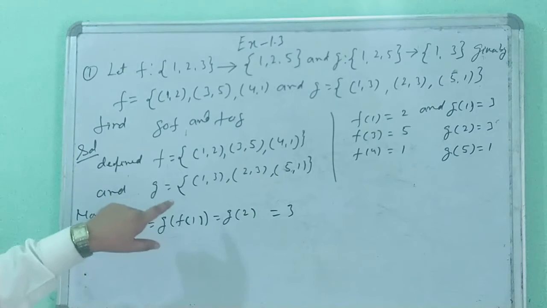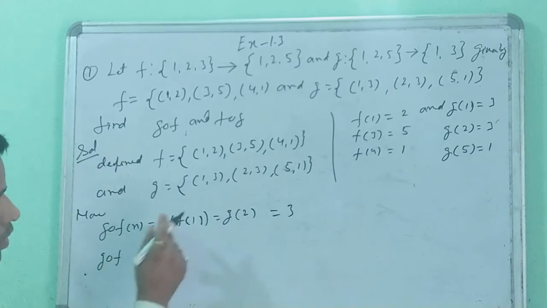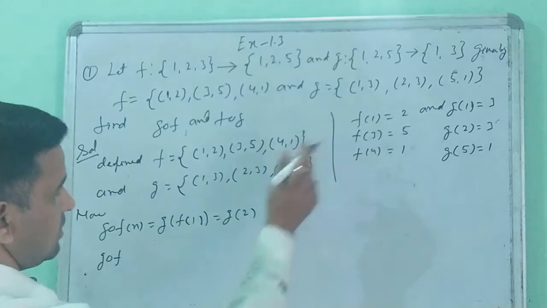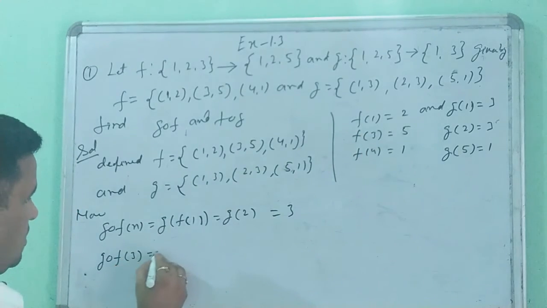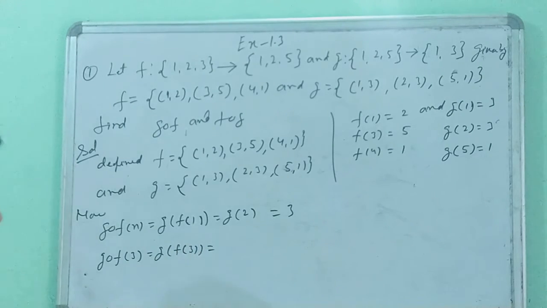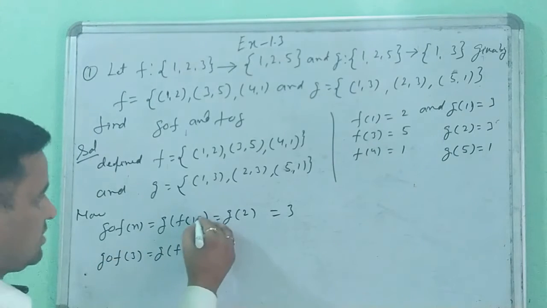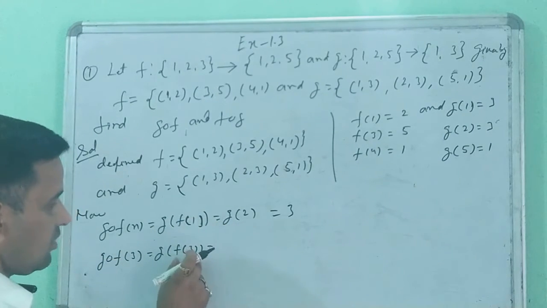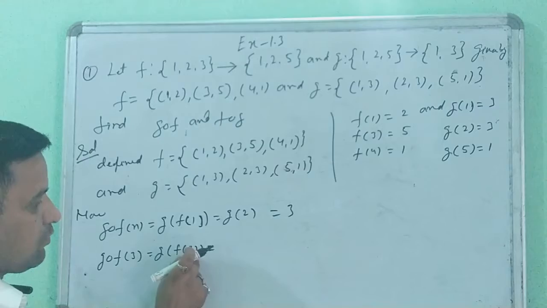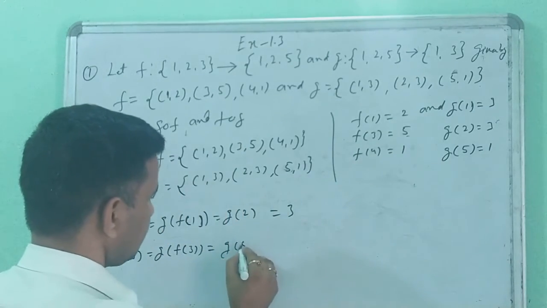Next, second, you will find the value of gof(3). First of all, you will write in this form. Don't directly write your answer f(3). First we write the function f(x), then you write in this form: the bracket, then the operation of the function f(3). The value of f(3) here is 5. So you can write g(5).